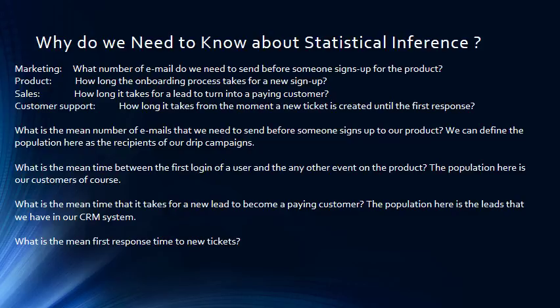To be able to study these and come up with an inference, we make a hypothesis, and a hypothesis is based on the mean. For example, we're talking about the mean or the average of the response time to new tickets, or the population in this case is the tickets we have created so far in our help desk or ticketing system. Now, once we do this assumption, we're making this hypothesis.